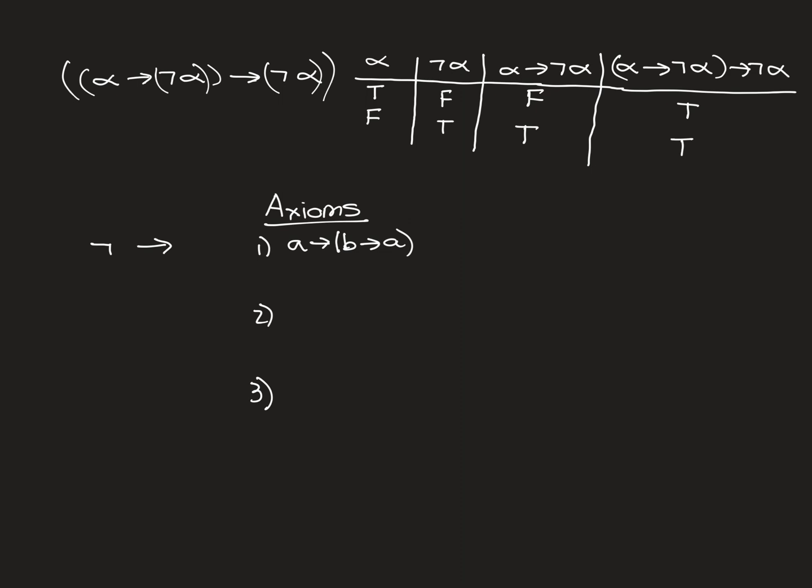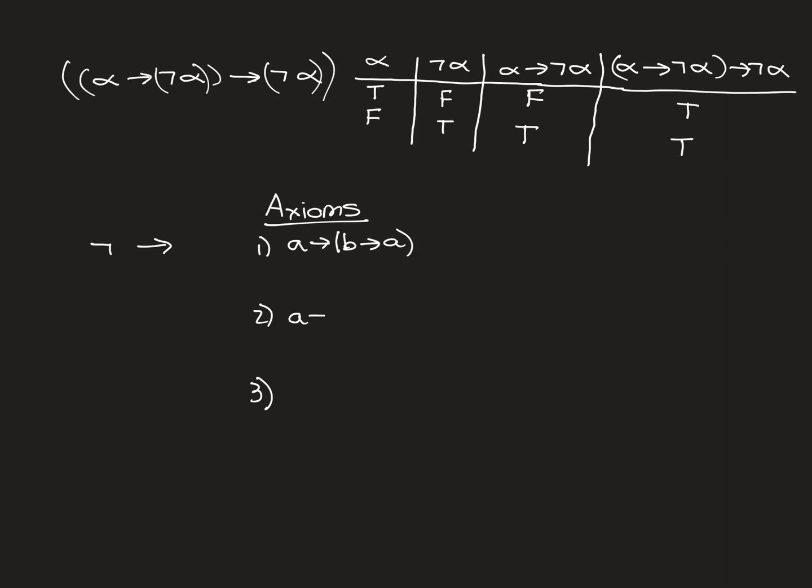This first axiom scheme covers a lot of different things. There's going to be a whole bunch of formulas that are now axiomatic, but it's also very standard in Hilbert systems. I think you'll pretty much always see that first one in any Hilbert system. And the second one is also quite standard.